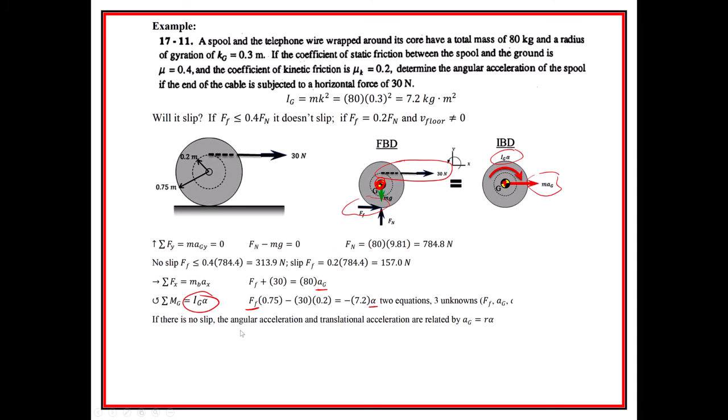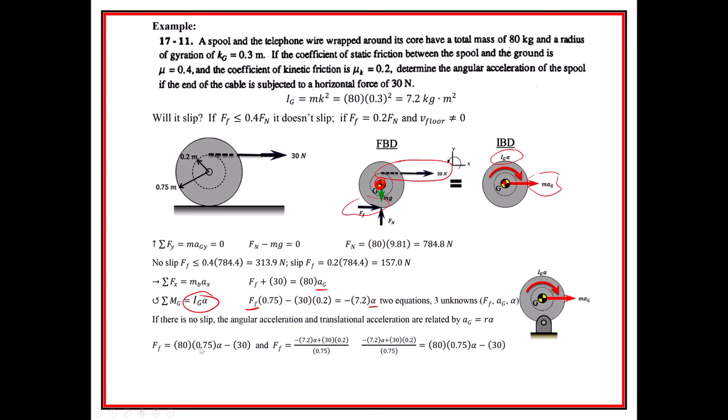But okay, if there's no slip, then the angular acceleration and translational acceleration are related by this. That is not true if there is slip. But we're going to pretend it's pinned right there, and these two things will be related to each other. So we put in that relationship and get the angular acceleration, and then we can find the friction force.